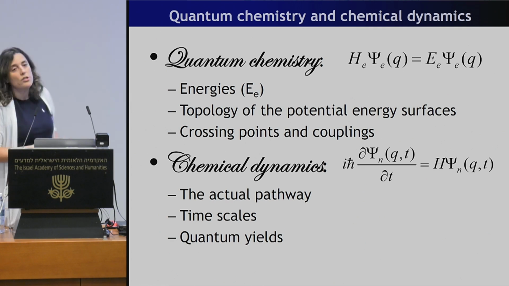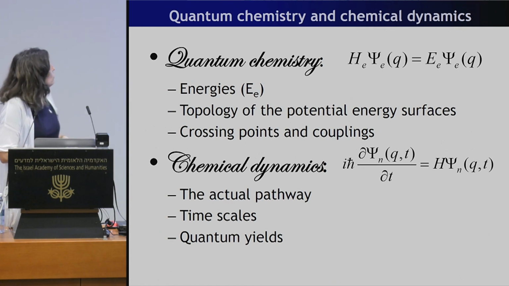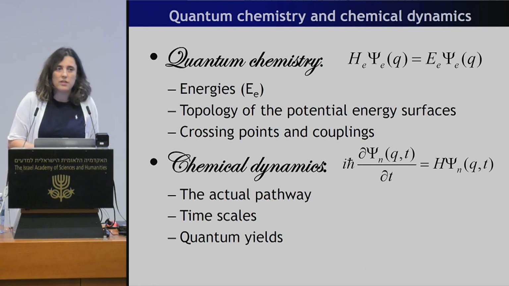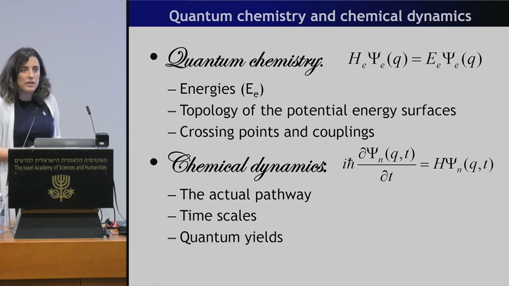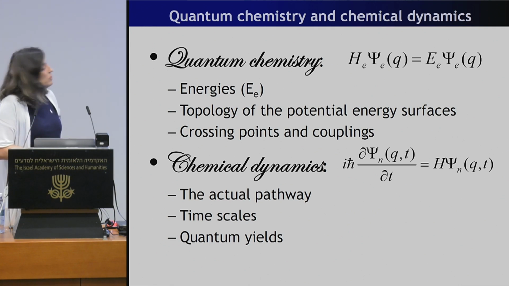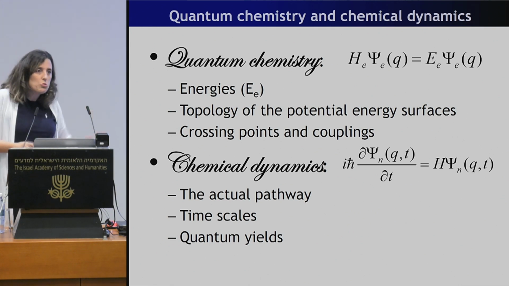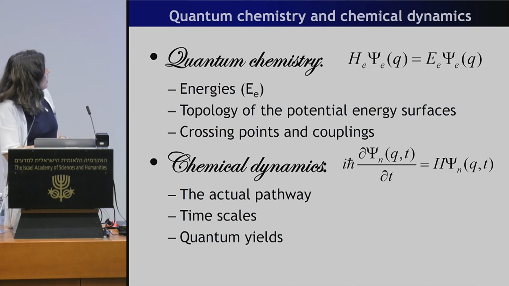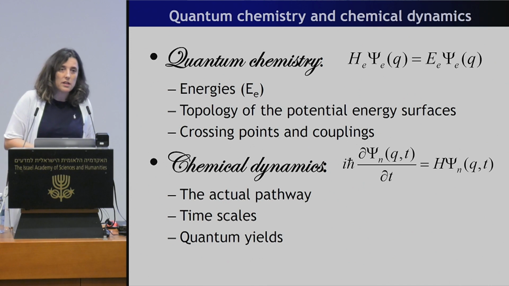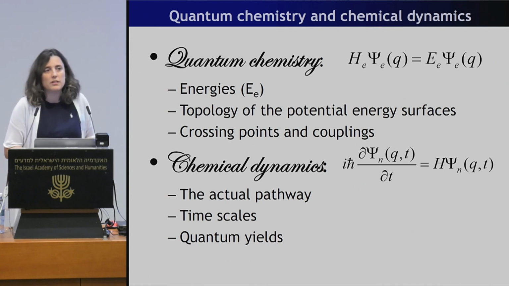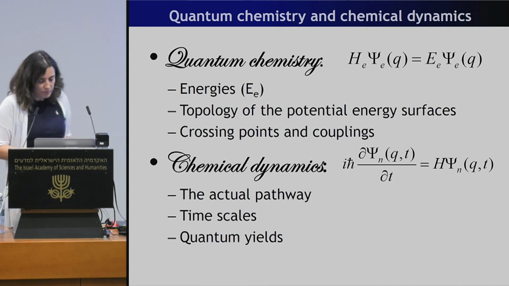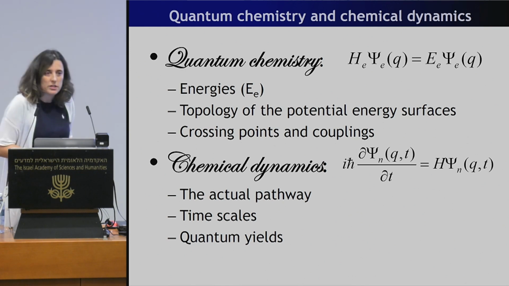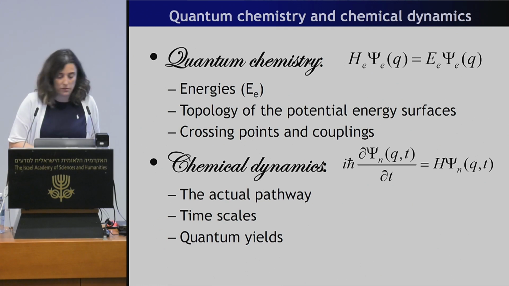If you solve this equation, and there are many approximations to do that, you will get these energies, and you will get the topology of the surfaces, and you will even get these crossing points, and how strong they are, the so-called couplings, which allows you to hypothesize one mechanism. If you are in the realm of chemical dynamics, then you have to solve the time-dependent Schrödinger equation for the nuclei, and this gives you the actual pathway and the time scales and the quantum yields, if you're lucky.